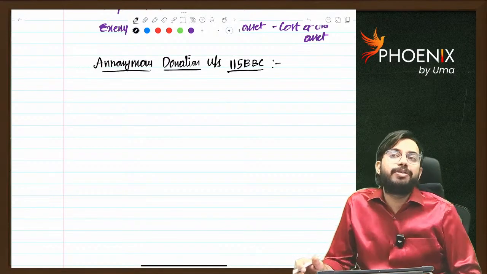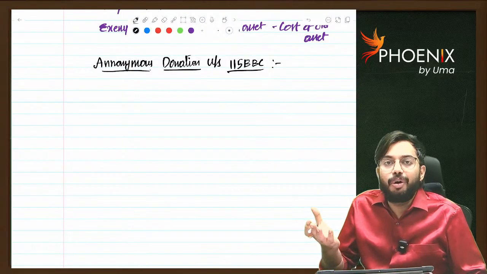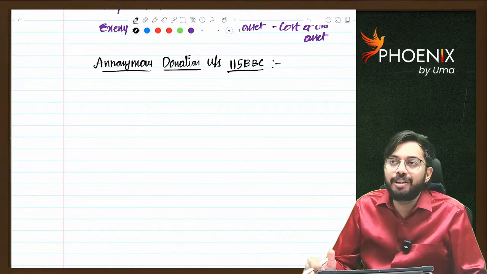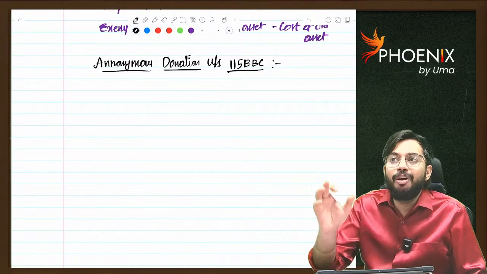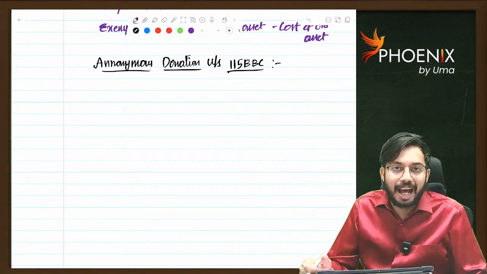Anonymous donation means what? Someone whom we do not know. Okay, an unknown person deposited money, an unknown person gave donation. It's also called Gupta Dan. So if any anonymous donation is received, anonymous donation is taxable.